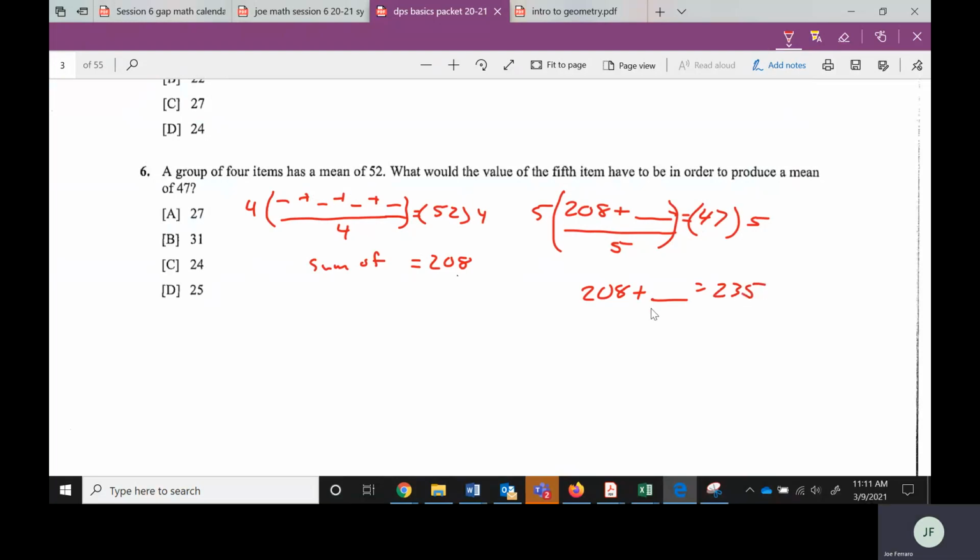So some of you might be able to look at this and figure it out. Otherwise, the way you find a missing spot is you do the opposite of what's being done to it. So we're adding 208, so we're going to subtract 208 from each side.